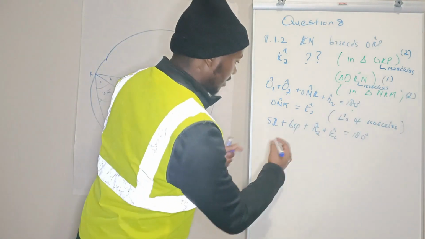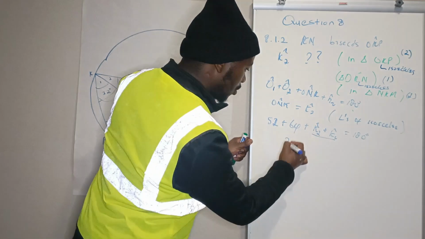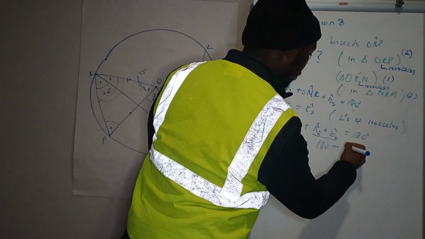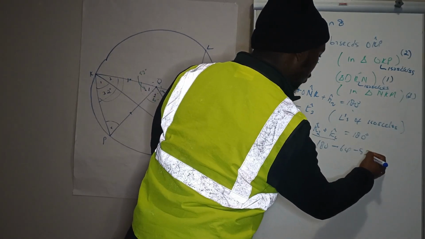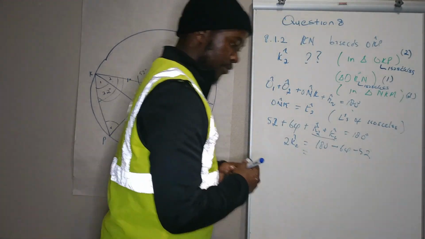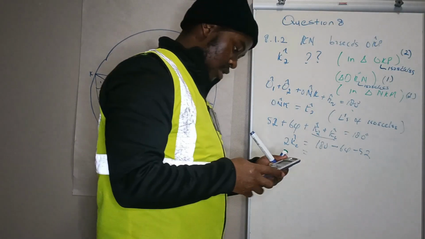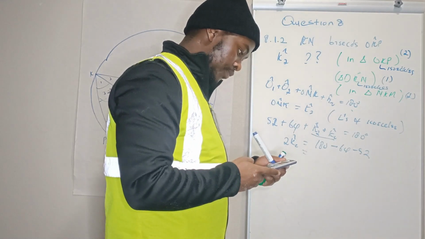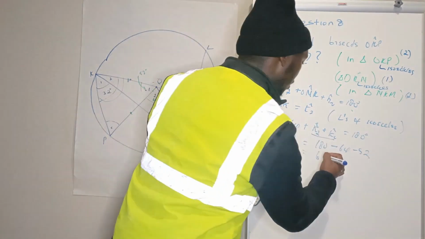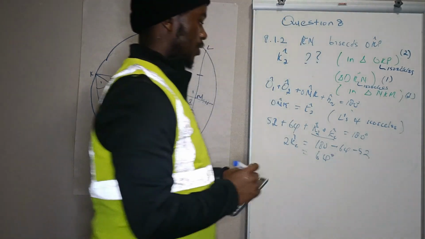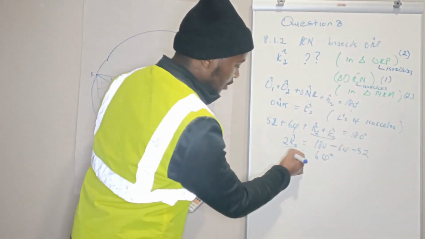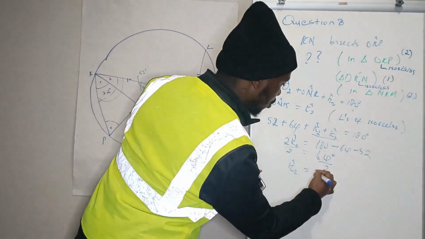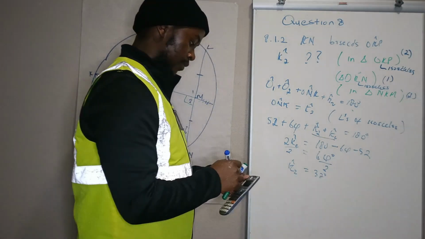We can take all of that to that side. So we have 2K2 equals 180 degrees minus 64 minus 52, and that's 64 degrees. And we need to divide by 2, so K2 is equal to 32 degrees.